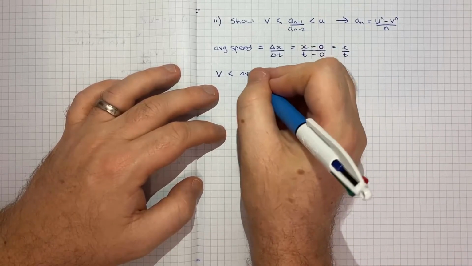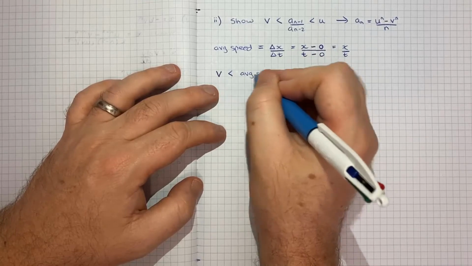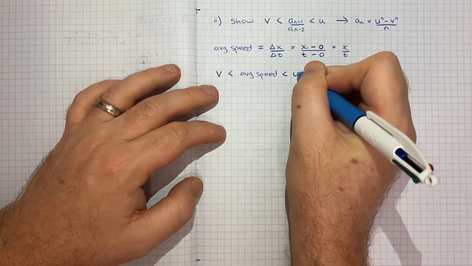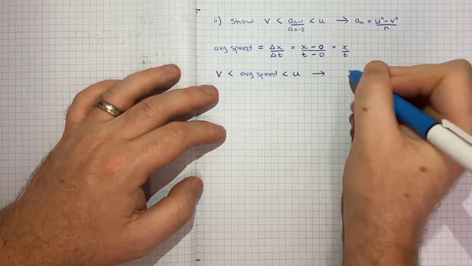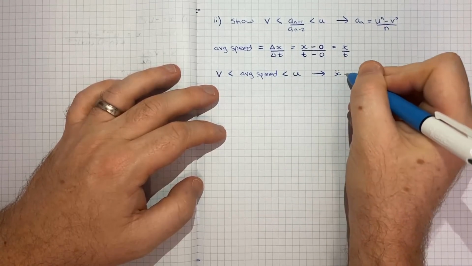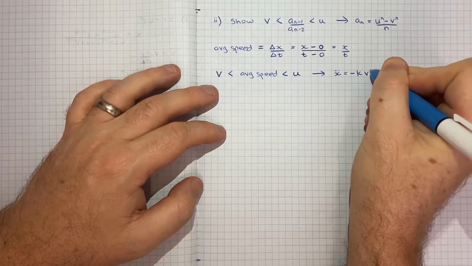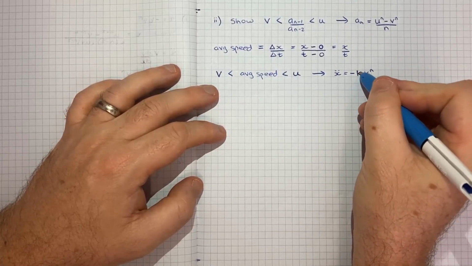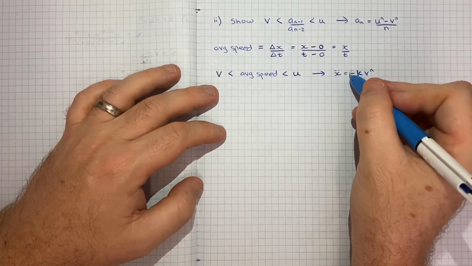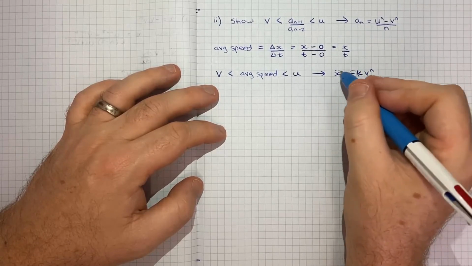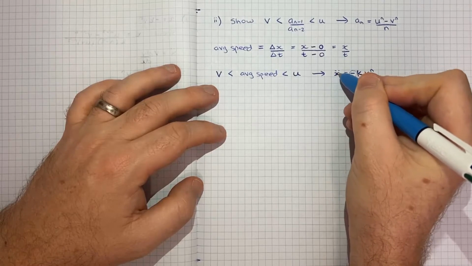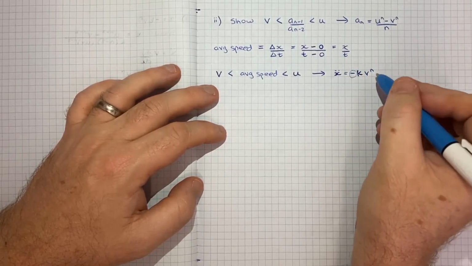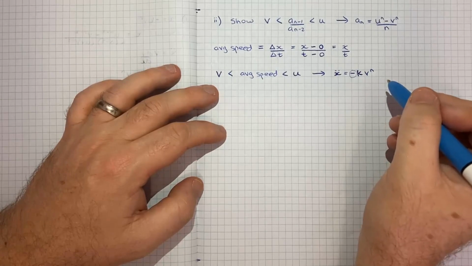The velocity will be less than the average speed, and the average speed itself will be less than our initial speed. And the reason we can say that is because if you look at x double dot, we've got this positive constant k, but this negative out the front. So our acceleration is always negative, which means our velocity will always be getting slower and slower as we move through time.